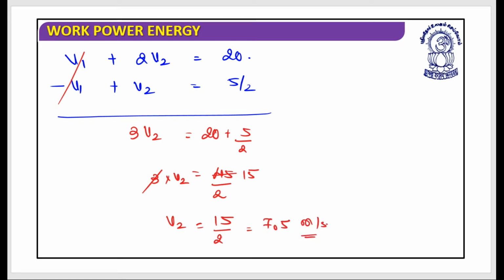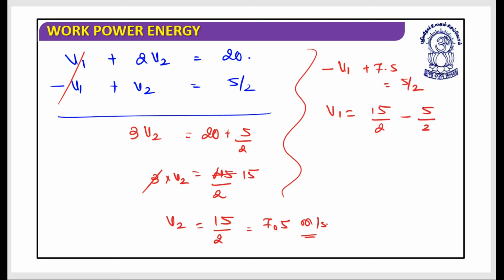So if I have v2, I can get v1 as well. This is minus v1 plus 7.5 equals 5 by 2. So v1 equals 7.5, that's 15 by 2 minus 5 by 2. It's 15 minus 5, 10 by 2, that's 5 meter per second.